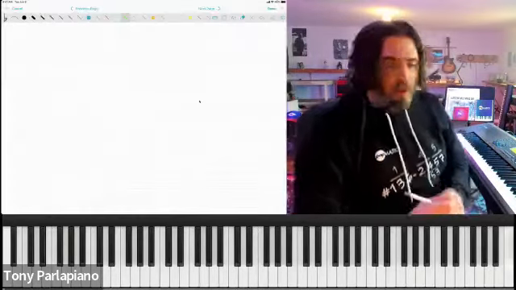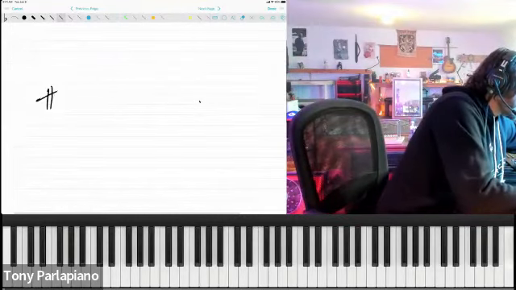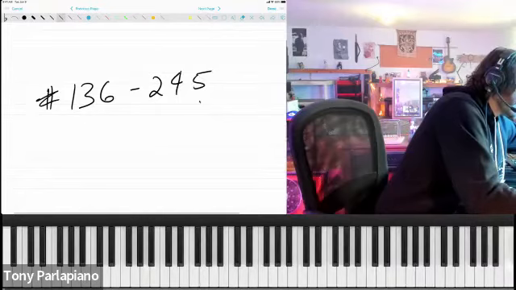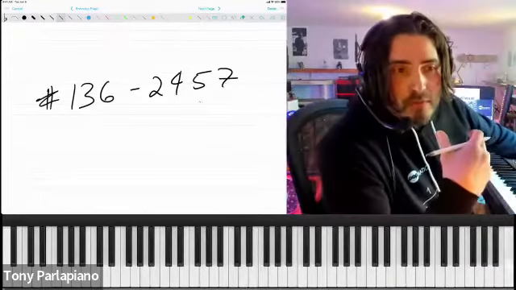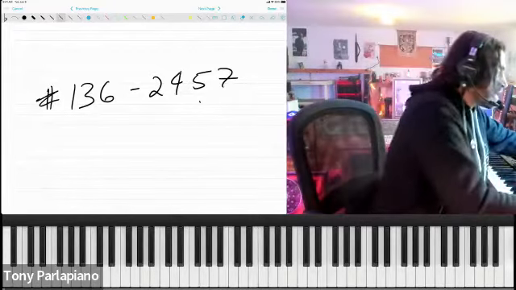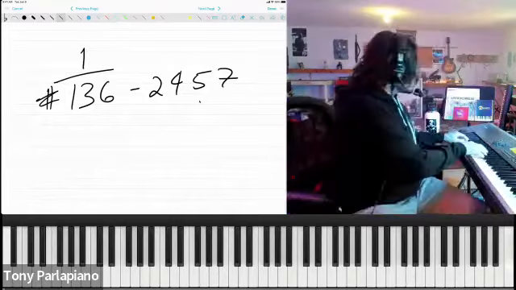So when you saw that poster, this is kind of my shorthand for it. I write 136-2457, and I tell them to remember that with a phone number rhythm: 136-2457. So it's the one chord that goes with all of those bass notes.